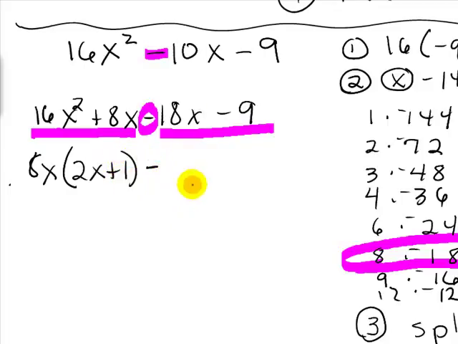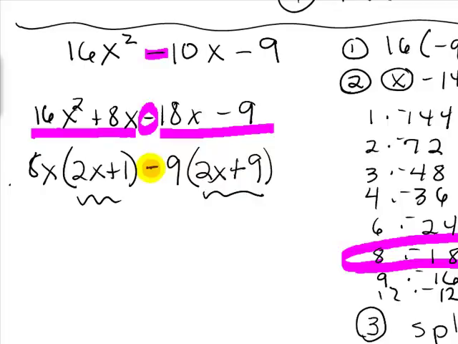Bring down the minus. What do they have in common is a 9. 9 times 2x gives me that 18x. And then 9 times 1. And we have to keep in mind, remember, these two must match. So I need a plus there. A negative times a positive gives me the negative that I go back to here.